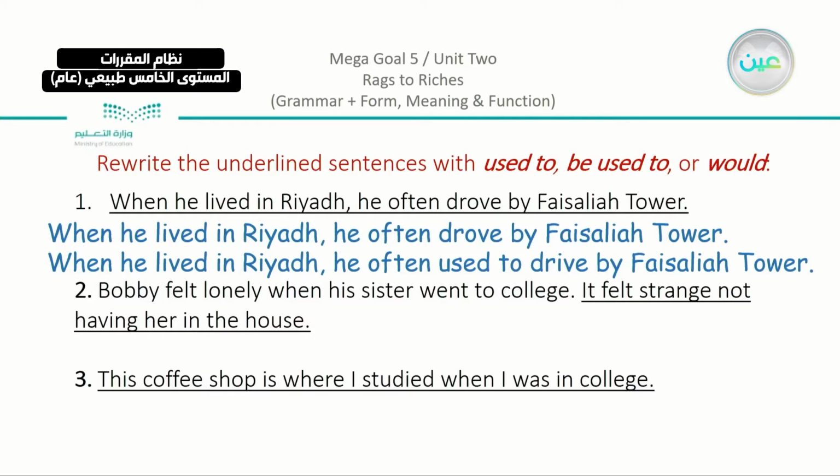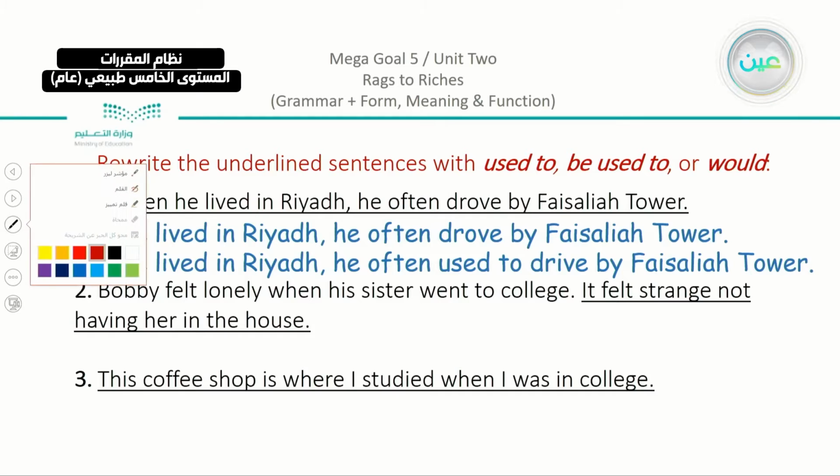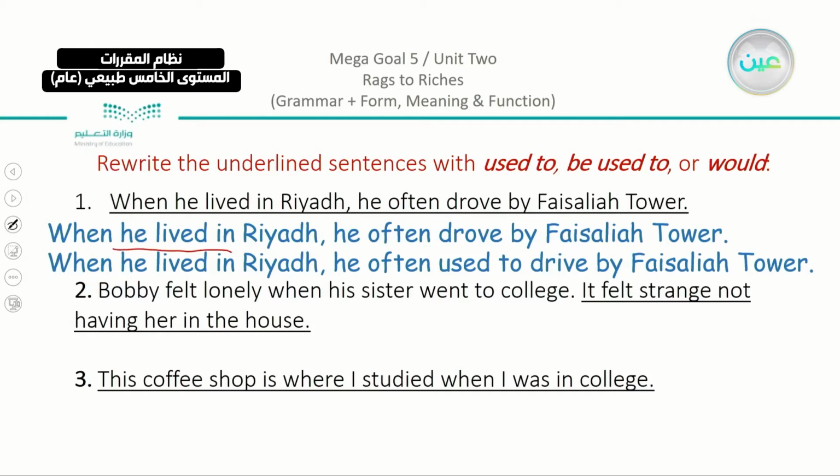So here, we have he lived, and he lived is in the past. But one time I used the past tense drove, which shows or indicates just the past tense, or we can say used to drive with the base form to indicate that something was habitual.